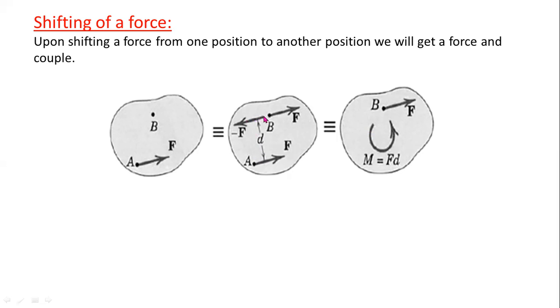Here you can observe this is an anti-clockwise couple. So this is the symbol for anti-clockwise couple, and it forms a single force at point B. So I shifted this force F from point A to B by using a couple.